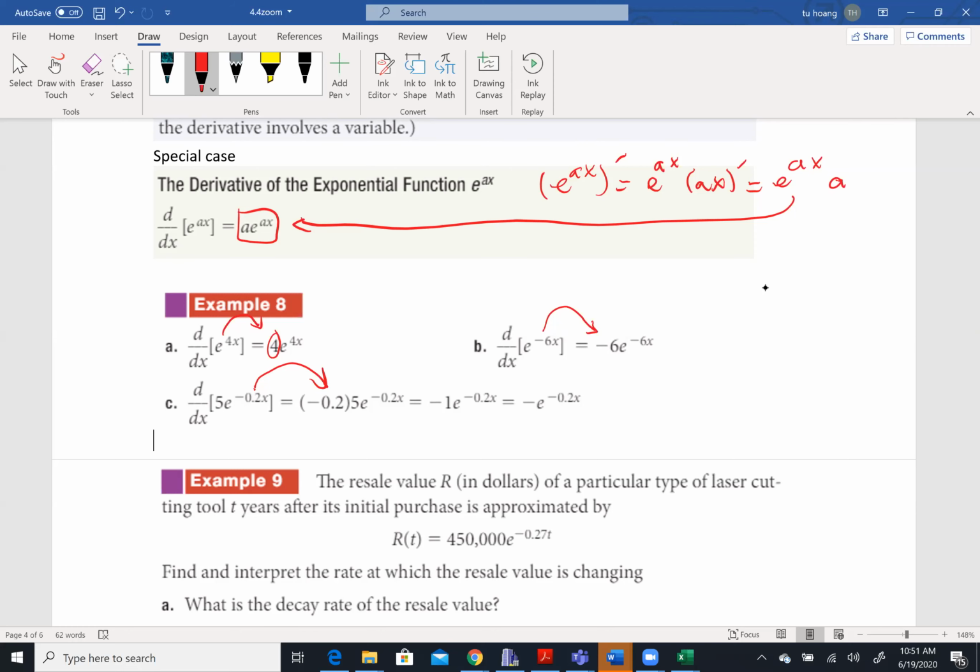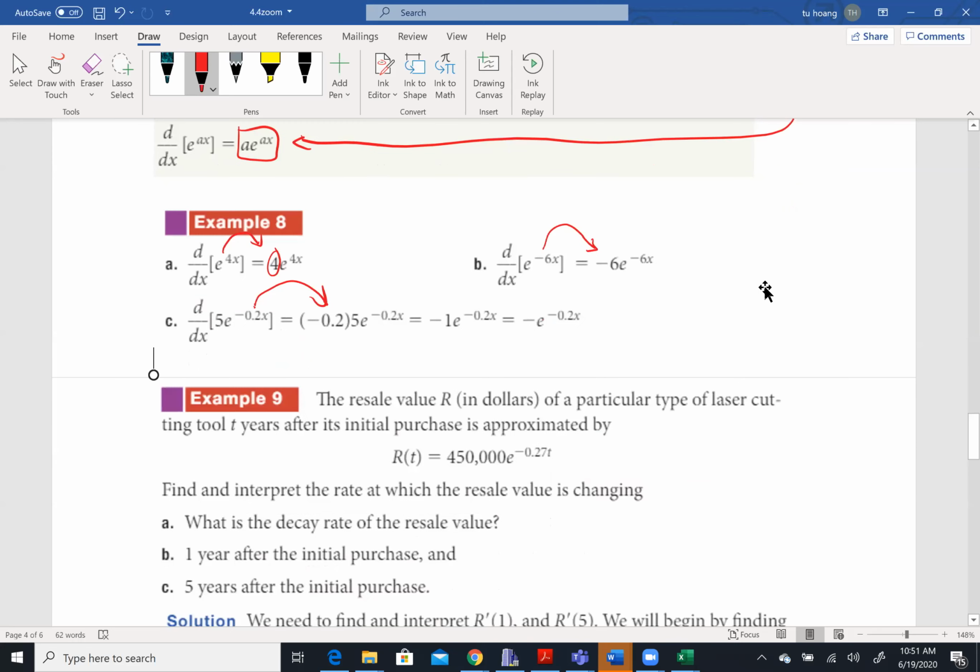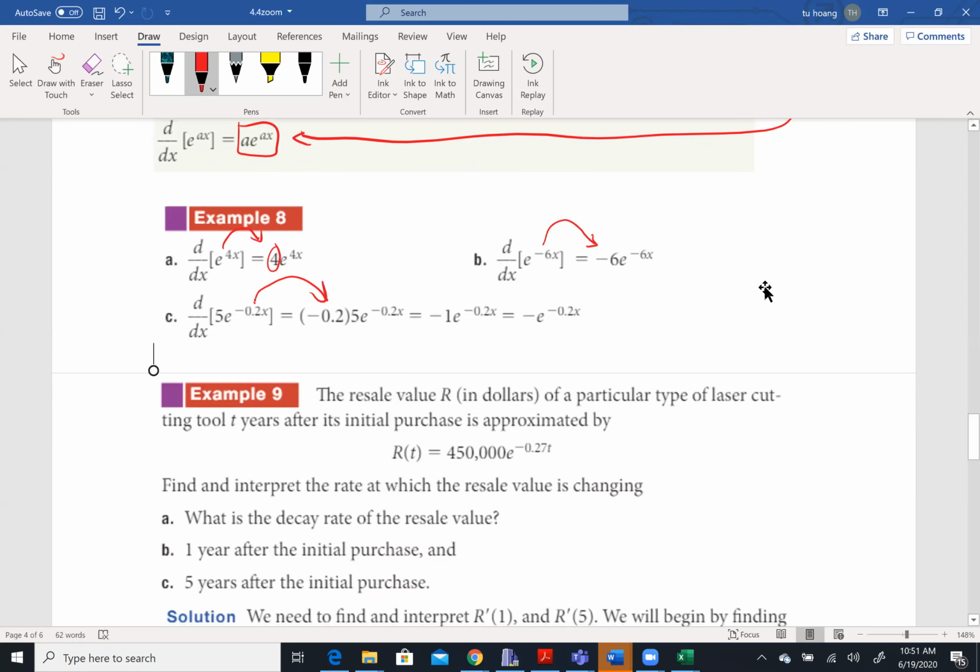We multiply with 5 later, and multiply with the same natural exponential function, and you combine the negative 0.2 with 5, and you have -1. So you're going to have negative e to the power negative 0.2x. So that should be the way to apply this special case, right?